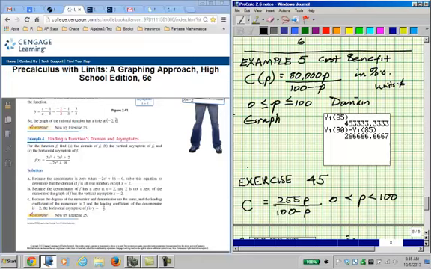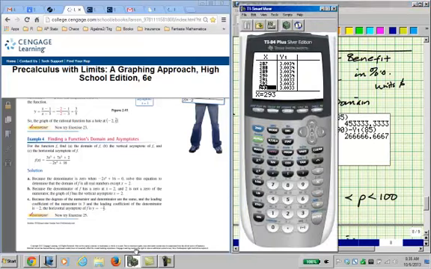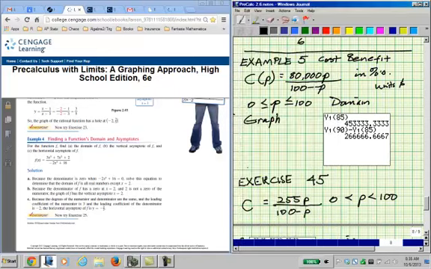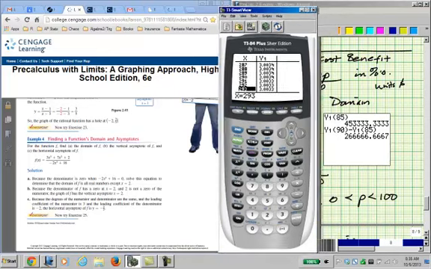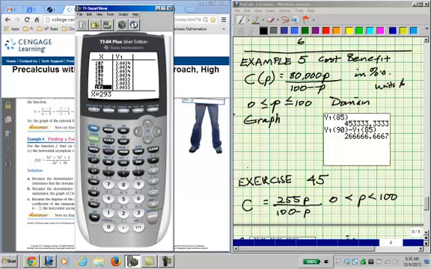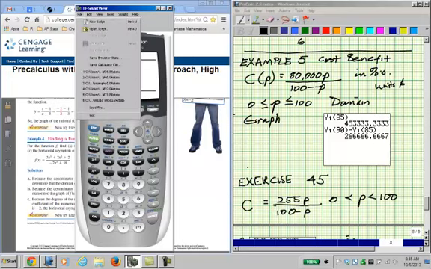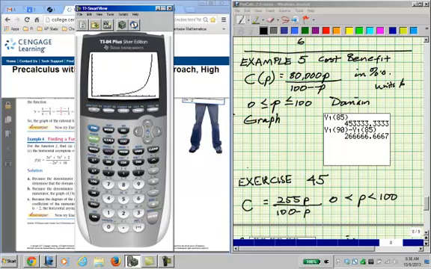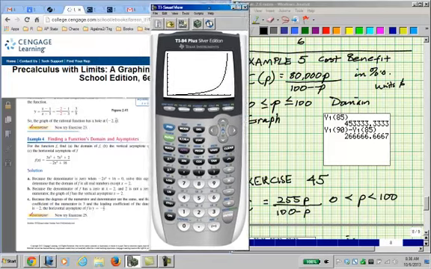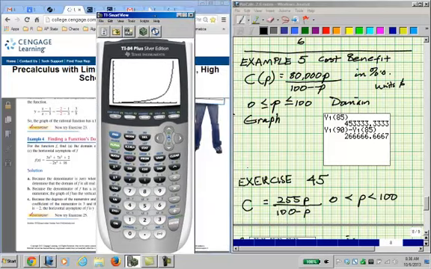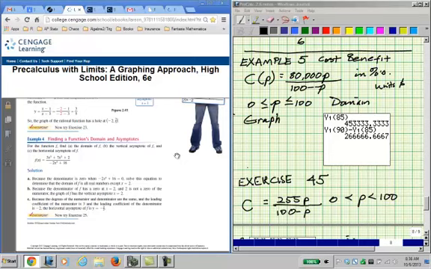So let me get the calculator up here and show you what I did. You can kind of save yourself a little bit of work here. So let's get, here it is. This is exercise 45.